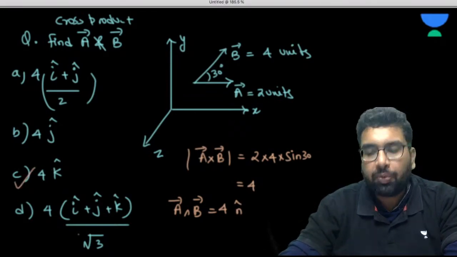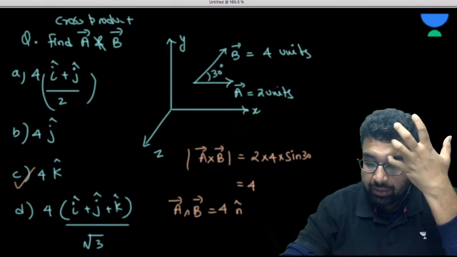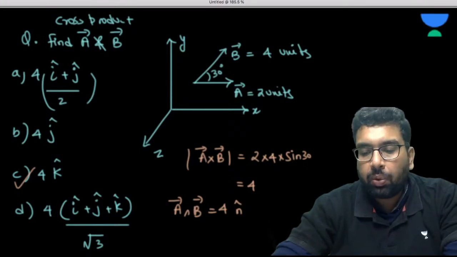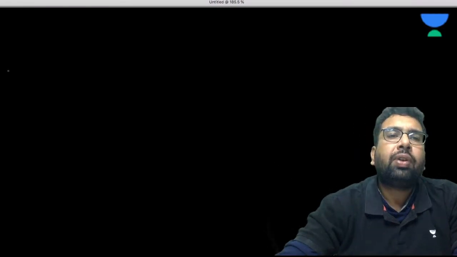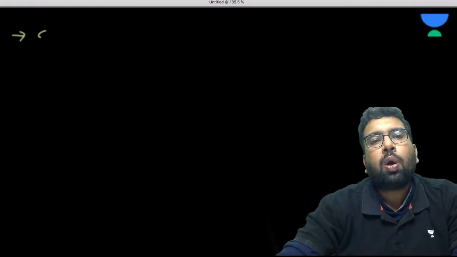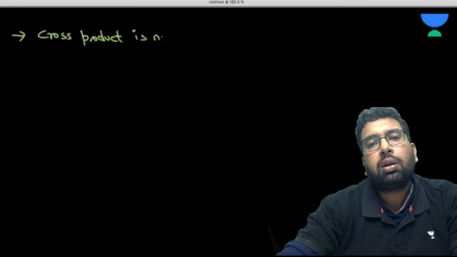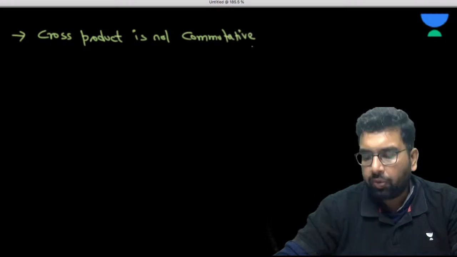It is going to be 4K cap. I hope it is fine to everyone, isn't it? Now let's see one more very important thing. Please understand this. One observation you get from here is that the cross product is not commutative, isn't it? It doesn't follow the commutative law.